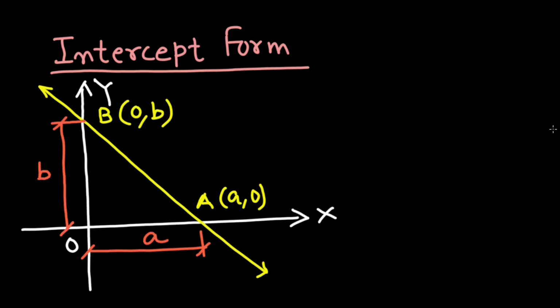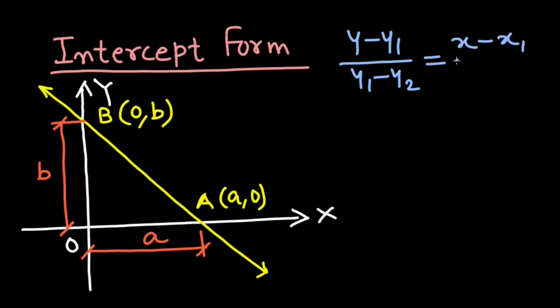By using the two-point form of equation of a straight line, we write the equation of this line as (y minus y1) upon (y1 minus y2) equals (x minus x1) upon (x1 minus x2).